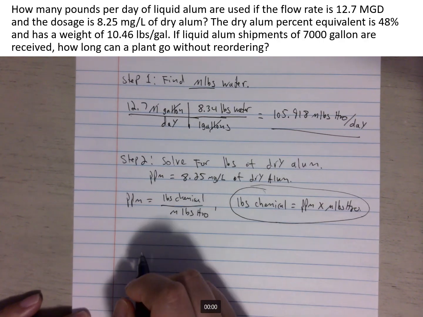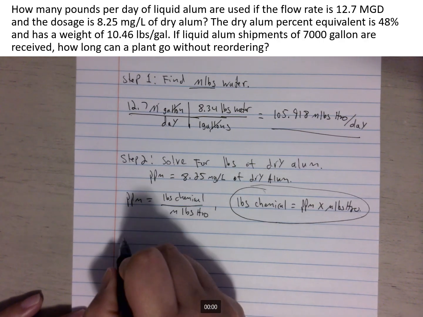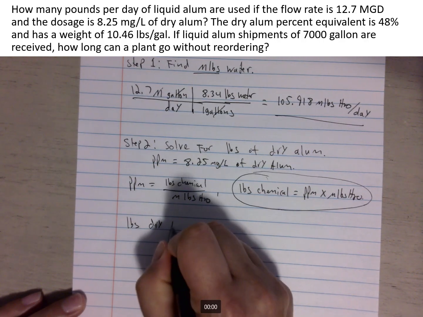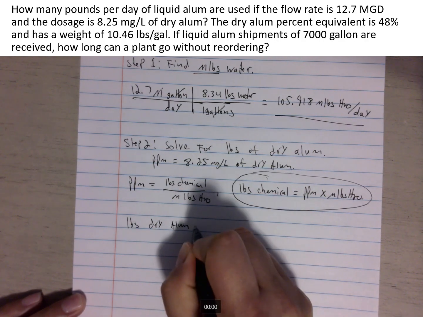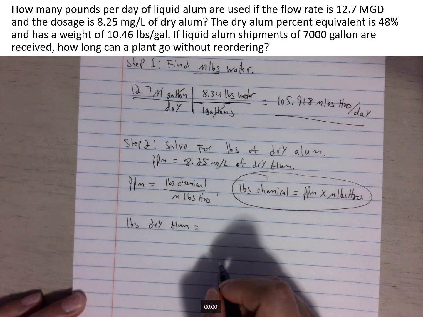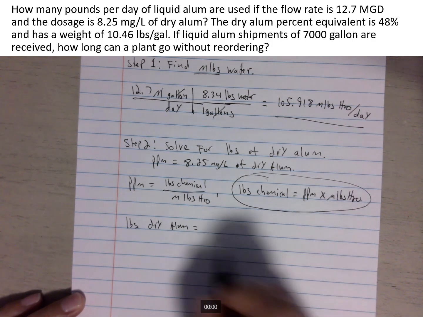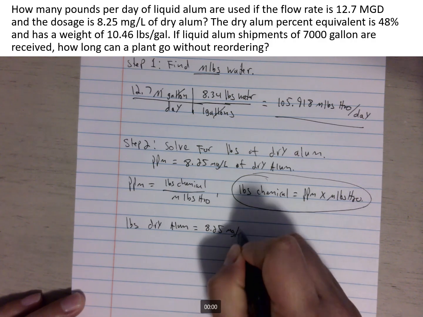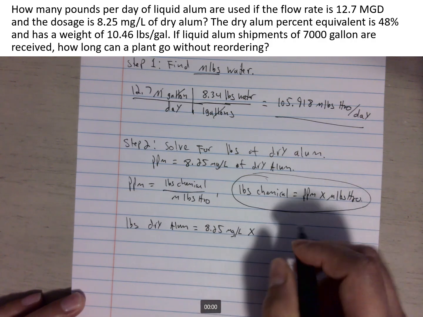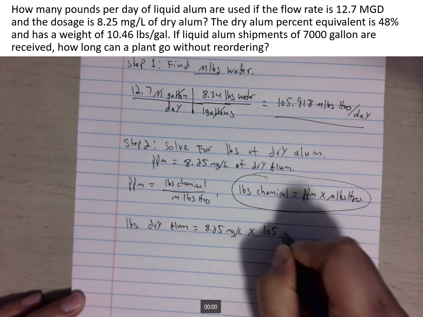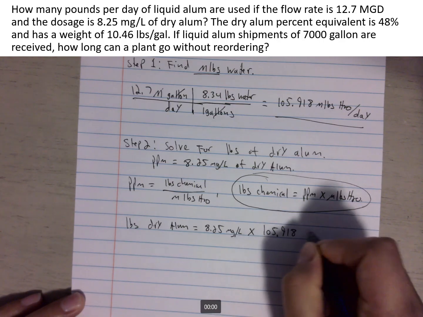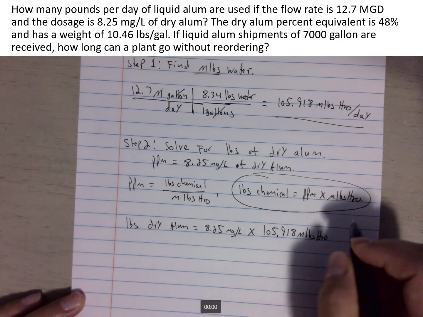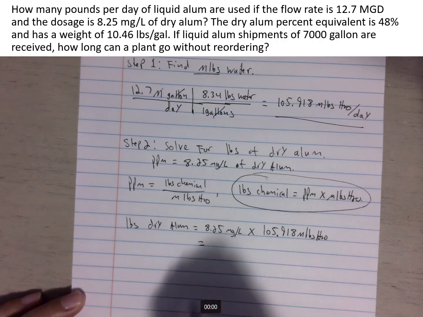So our pounds of chemical will be pounds of dry alum. We have our concentration, 8.25 milligrams per liter, times 105.918 million pounds of water.